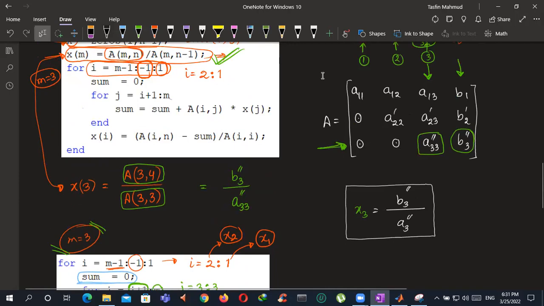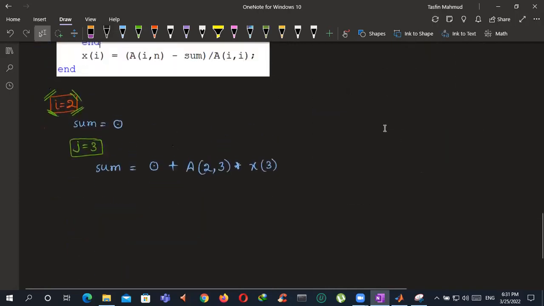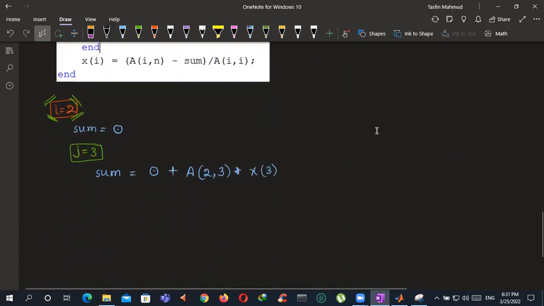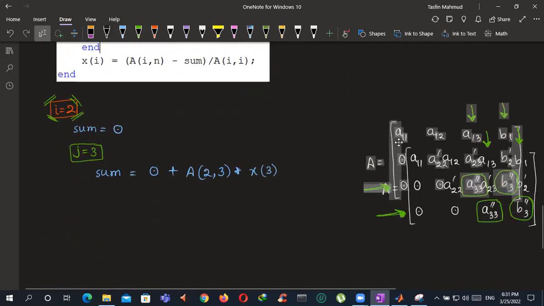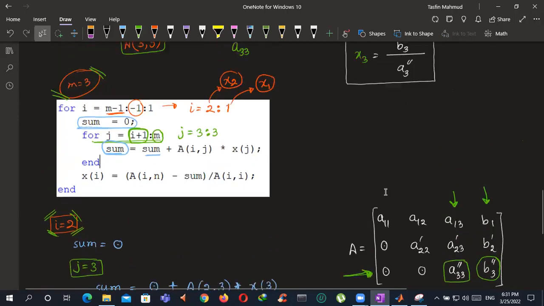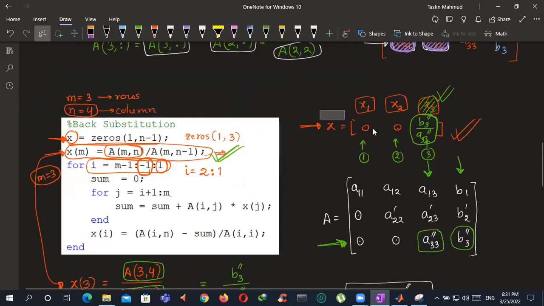So I'm copying the A matrix here. This is our A matrix, and this is our X matrix.